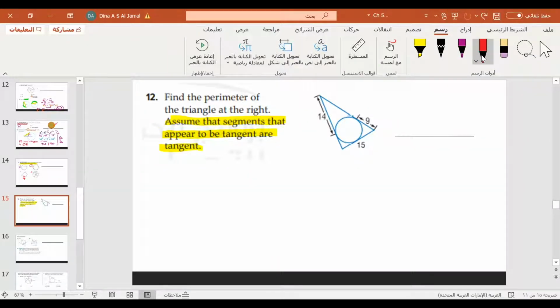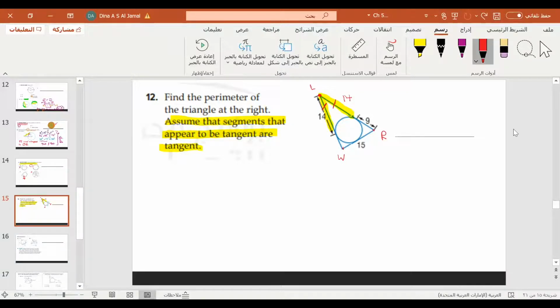Here, in this external point, so you can name these external points L, W, R, for example, you will be having two tangents on this circle. That means each tangent of them will be congruent to the other. That means if it is 14 here, then you are having 14 there.